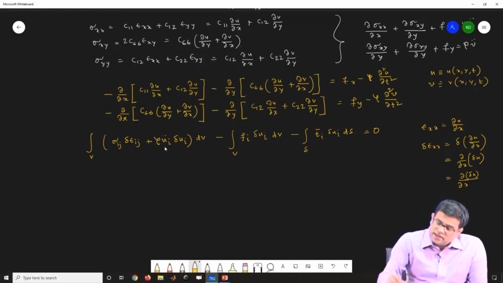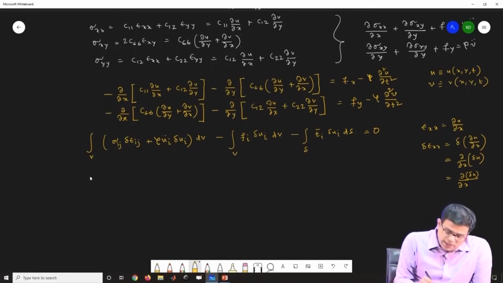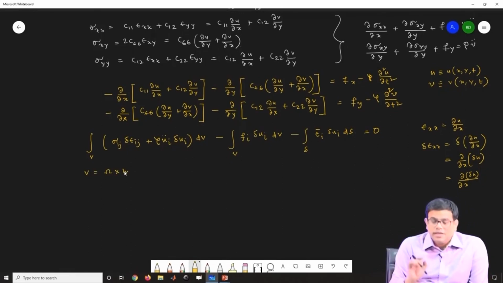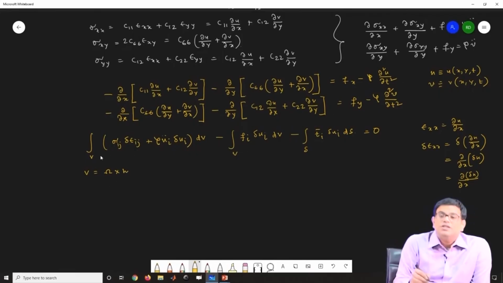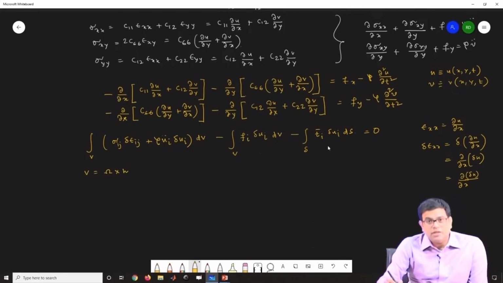So this thing is the weak form. Now if this is the general 3D weak form, the 3D variational statement, and I want to modify it for 2D, then my domain V is omega cross H, where H is my thickness. So the volume integral will become a surface integral here, and this will be a surface integral here, and then this will be your line integral.